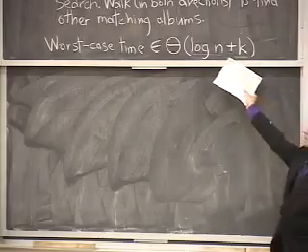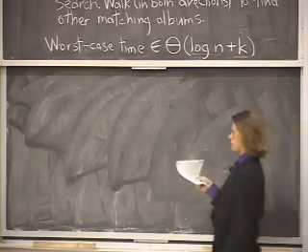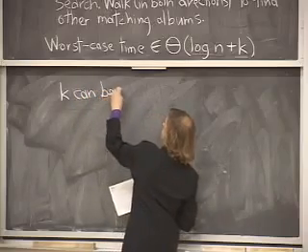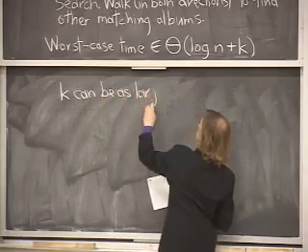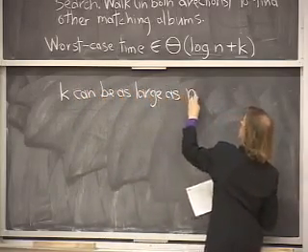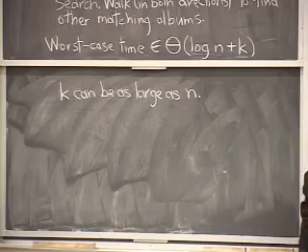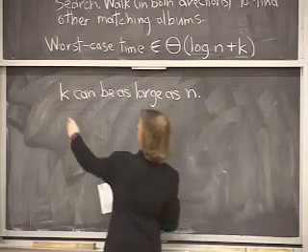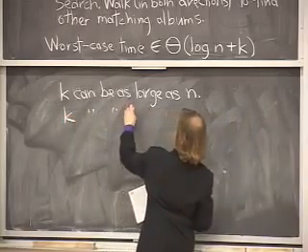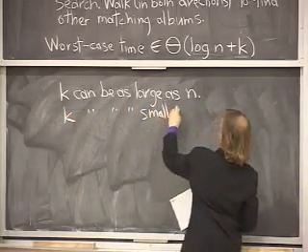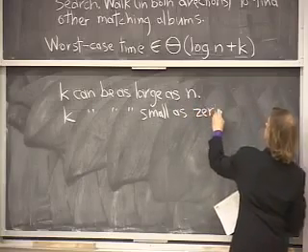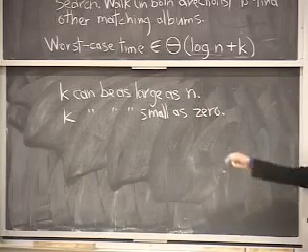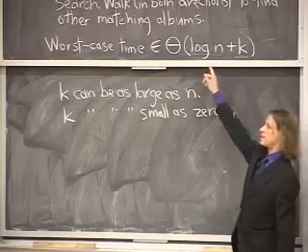Now, the thing about this is that this cannot be simplified. And the reason why is k can be as large as n. Maybe you only buy albums that start with the best of. Or k could be as small as 0. So we can't say which of these terms dominates. If k is as large as n, k definitely dominates log n.